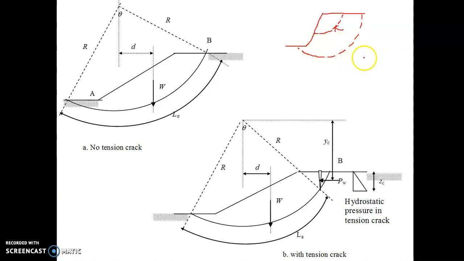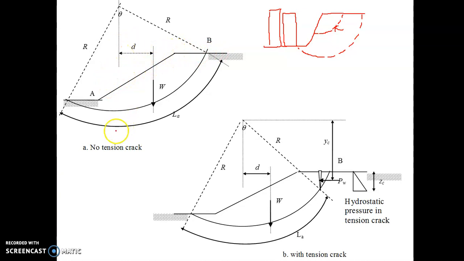If you recall the case study in 1993 when a couple of buildings toppled in Kuala Lumpur, Malaysia, this was due to the deep-seated failure line of the embankment. So a circular failure line usually is an assumption when we have an embankment.